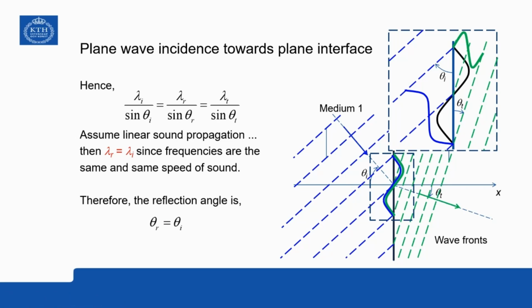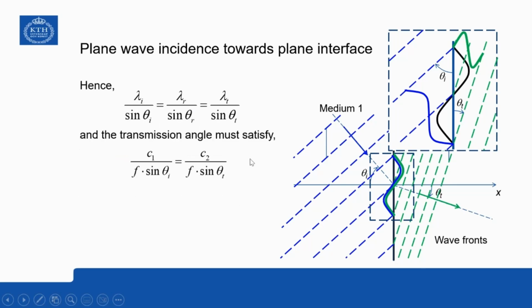But how do we then calculate the transmission angle? Well, then we can use this law here, this coupling between the wavelength and angles, and reformulate. If we use this simple relation between the wavelength, frequency and speed of sound, we can replace the wavelength with the ratio of the speed of sound and frequency.